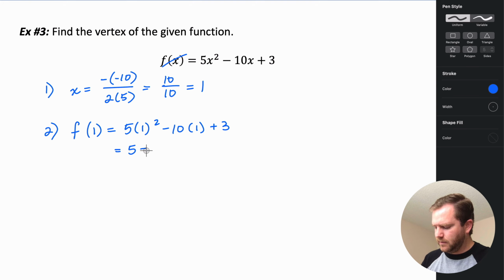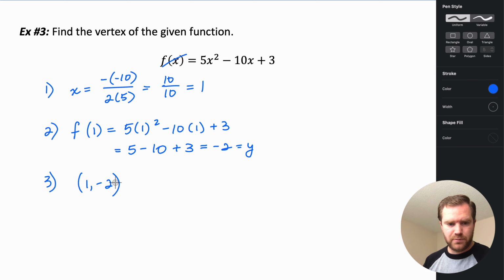Negative 10 times 1 is negative 10. And then plus 3. 5 minus 10 is negative 5. Negative 5 plus 3 is negative 2. Remember, this is the y coordinate. So the third step would be to write your ordered pair as (1, negative 2). This is our vertex.